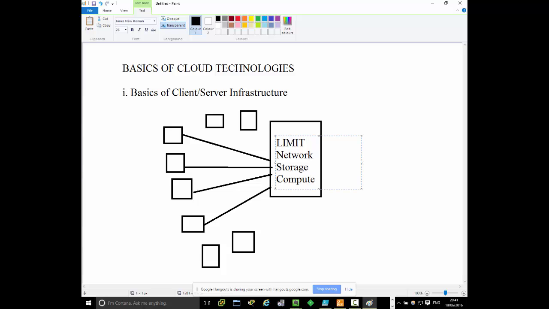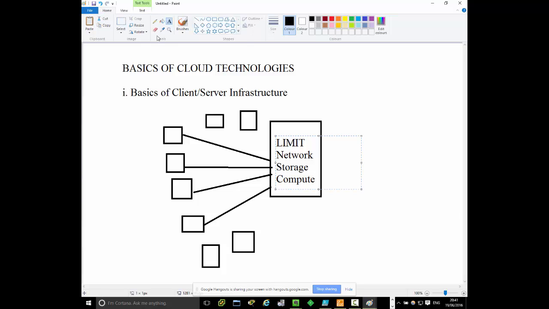So as we add more clients, this server, either its storage, network or compute, begins to get overloaded, and then performance begins to slow down, or performance begins to take a hit.